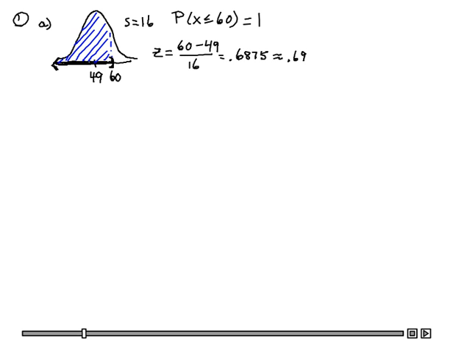So the probability that x is less than or equal to 60 will be the probability that the z-score from the table is less than or equal to 0.69. So to find that, I'm going to look up the z-score of 0.69.